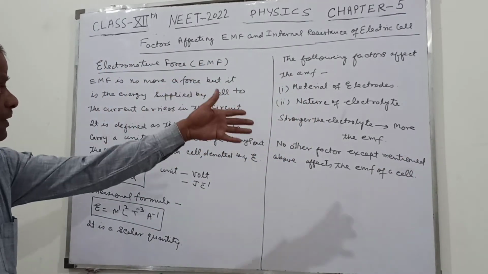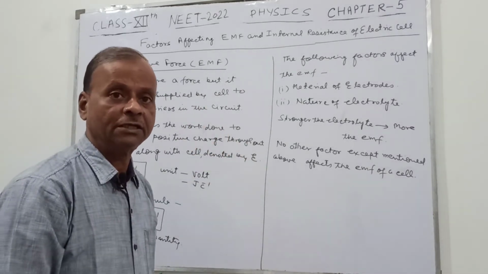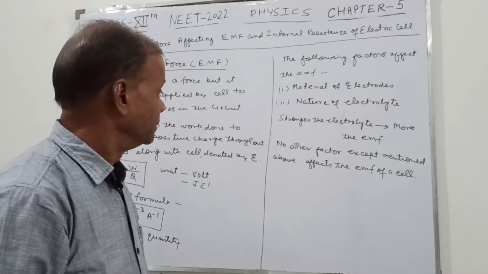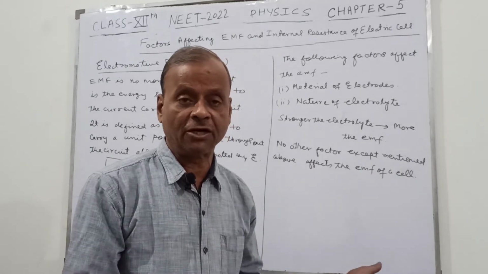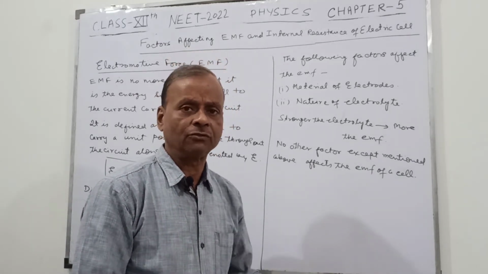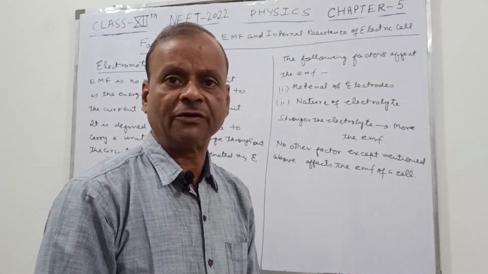So these are the two factors which affect the EMF of the cell. Now if suppose you are given the distance between the electrodes, area of the electrodes, temperature of the electrolyte, no, there is no other factor that affects this EMF.